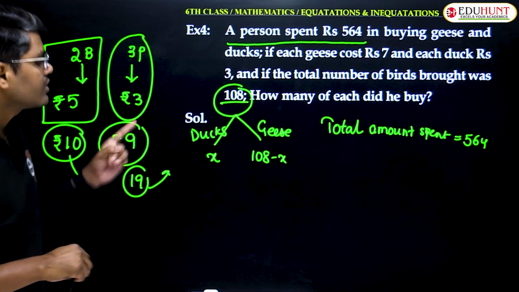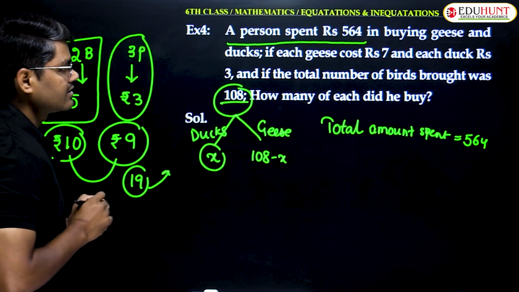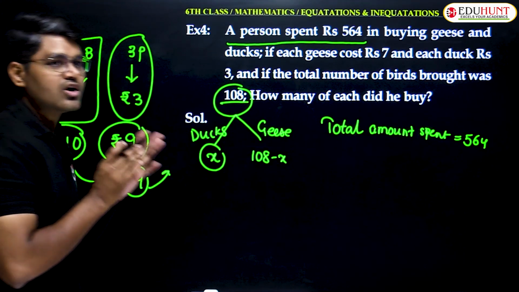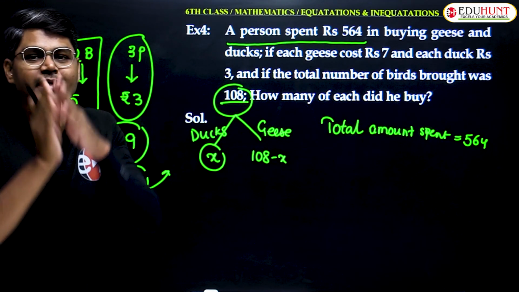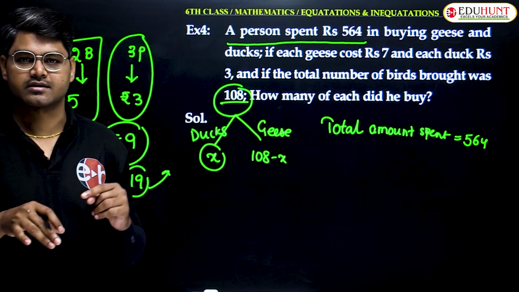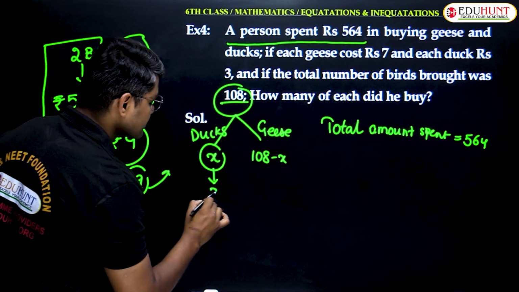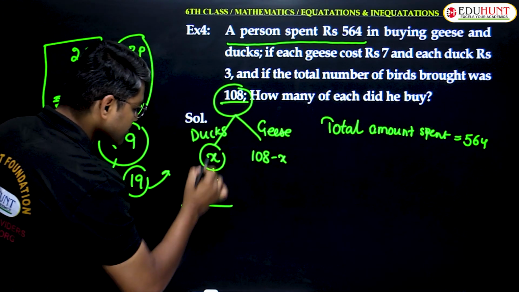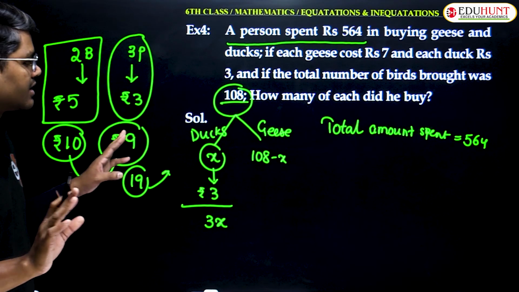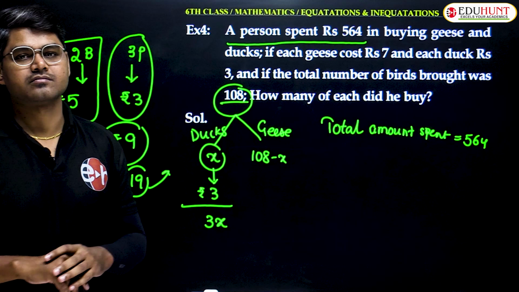Okay, so if the number of ducks is x, each duck costs 3 rupees. That means what is the total amount spent on only ducks? The number of ducks into cost of each duck. The cost of each duck is 3 rupees, so the multiplication is 3x. Yes or no? Right. And what is the number of geese? 108 minus x.